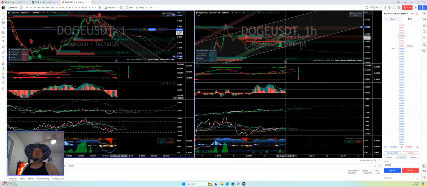So I want to see this indicator here curve up and have this gap like this one did right here. When it curved down like this gap, that's very important. This gap right here, very important. It's turning positive right there.